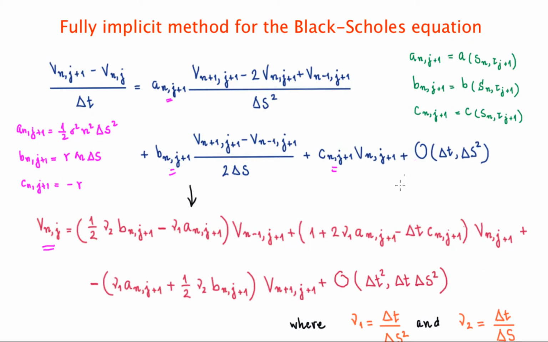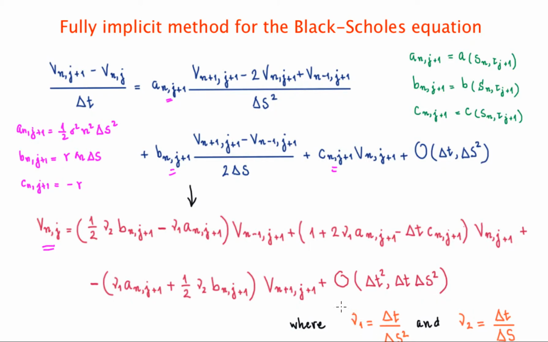It's interesting to see as well that, as it happens in the explicit method, the accuracy of this equation, in order to have the value of the option at n and j, is of the order of the square of delta t and delta t times the square of delta S.